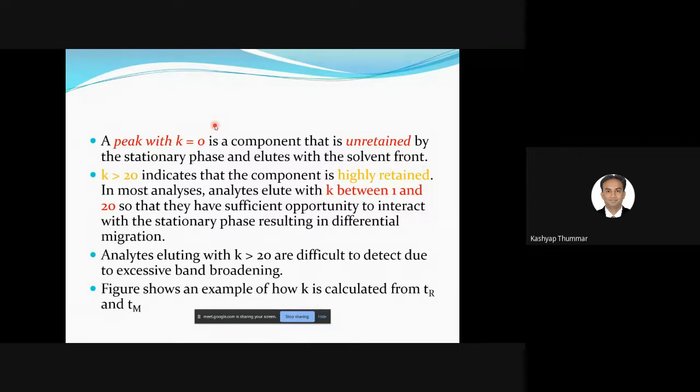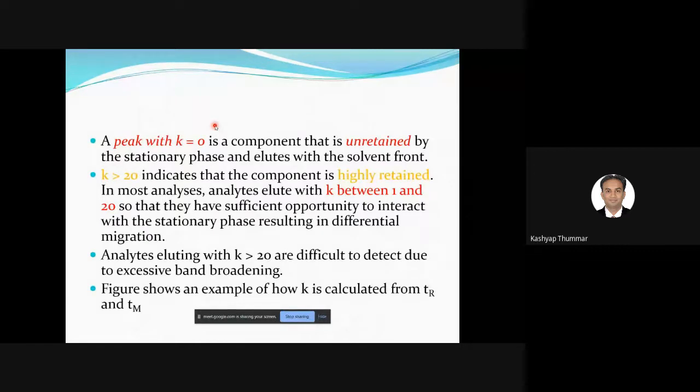When K is greater than 20, it indicates that the component is highly retained, and in most analyses, analytes elute with K between 1 and 20, so that they have sufficient opportunity to interact with the stationary phase, resulting in differential migration.